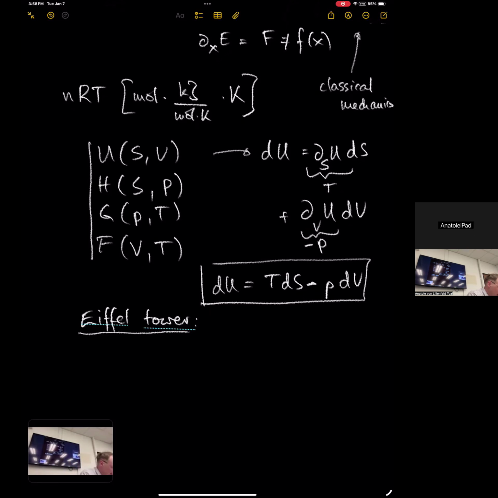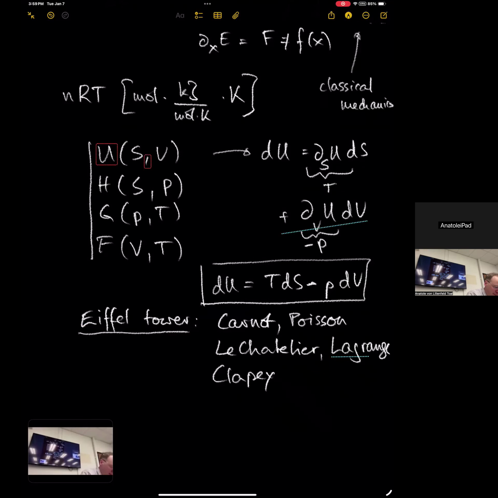So you have names like Carnot, Poisson, Le Chatelier, Lagrange, Clapeyron, Ampere. I mean, it's not exclusively thermodynamics, but it's quite a list of names, right? So if you ever feel like celebrating science while vacationing in Paris, you could always go and check it out.